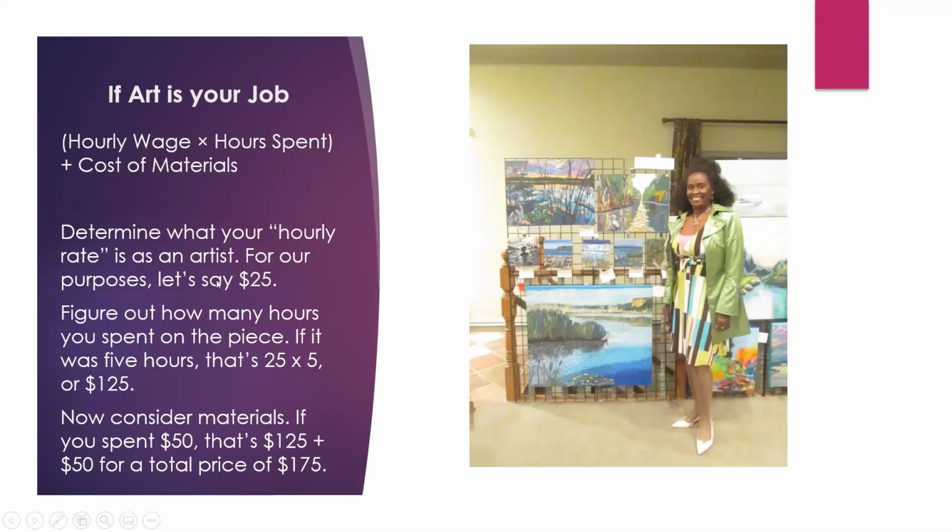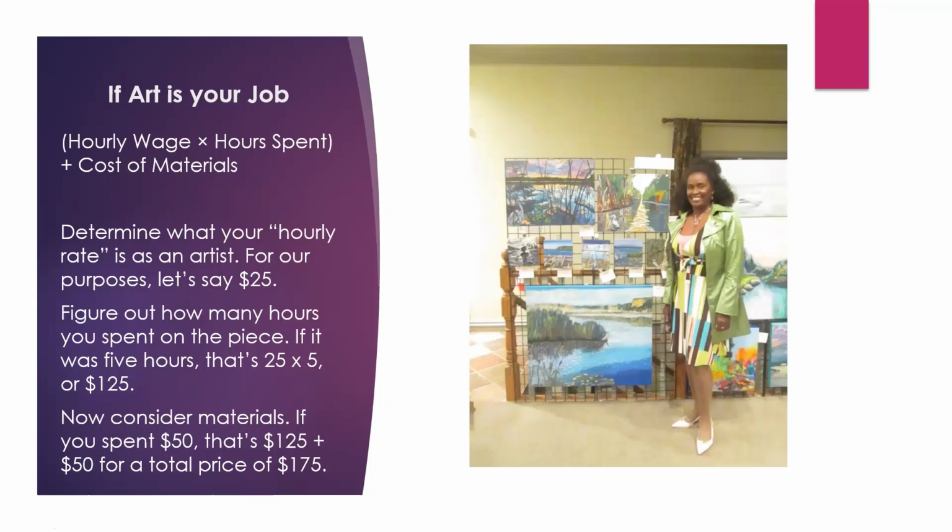So determine what your hourly rate is as an artist. Let's say $25 an hour. Figure out how many hours you spend creating a piece of art. If it was 5 hours, that would be 25 times 5. That's $125. Now consider the materials that you use.